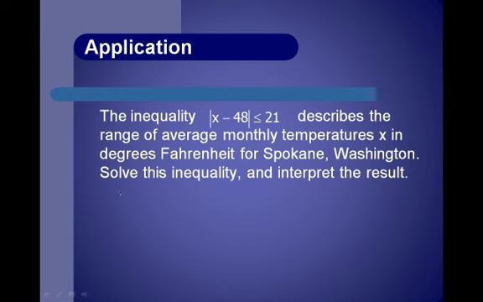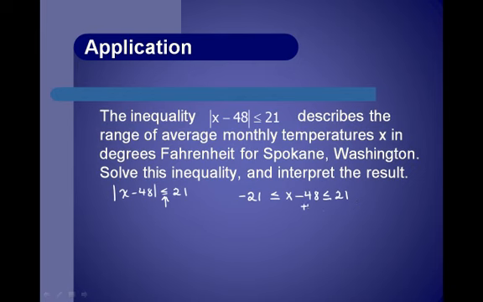Well, first thing we do for an absolute value inequality is we've got to get rid of those bars. So we start out and we say absolute value is less than. Less than is and. So to do this, we're just going to put x minus 48 between -21 and +21. So we'd get -21 is less than or equal to x minus 48 is less than or equal to +21.